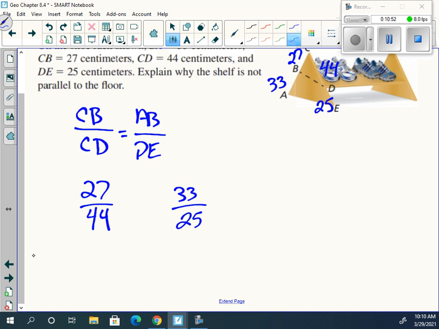No, because if it's going to be 1, the numerator and denominator have to be the same. Because 44 divided by 44 would be 1, yes? So any number less than 44 in the numerator would be less than 1. Well, with 33 over 25, 33 is greater than 25, so this is going to be greater than 1. So let's actually see what the decimals are.